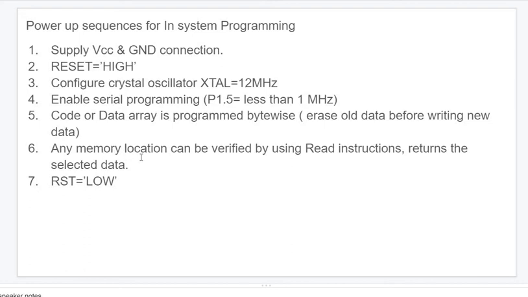Any memory location can be verified using the read instruction. If a particular memory location is free or occupied, we can check only when we read it. See, you have a notebook of 100 pages, and you have written the first 50 pages. Today's class has started, and you start writing notes. How will you do it?